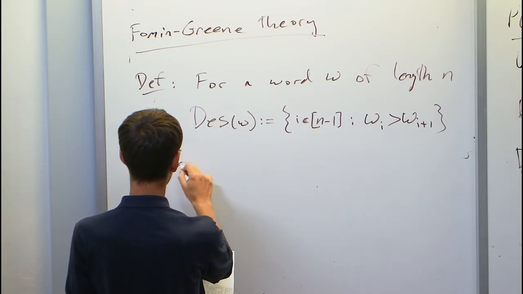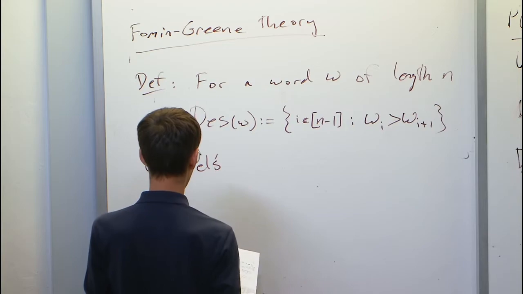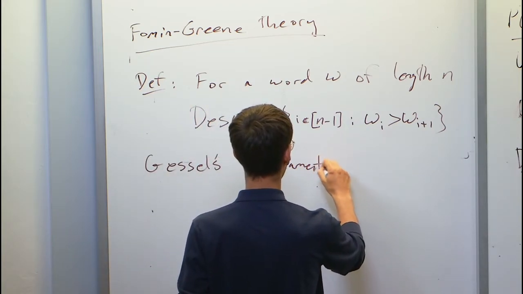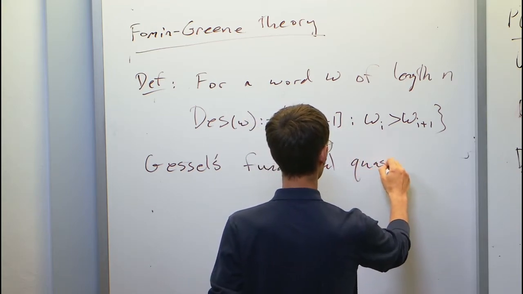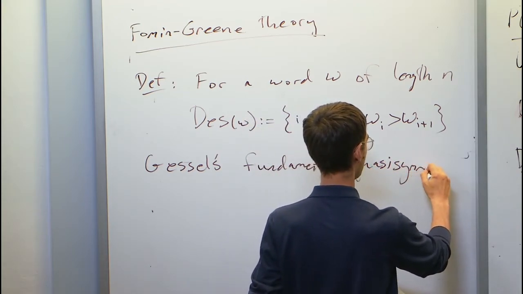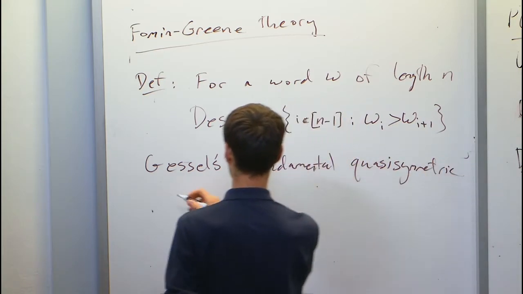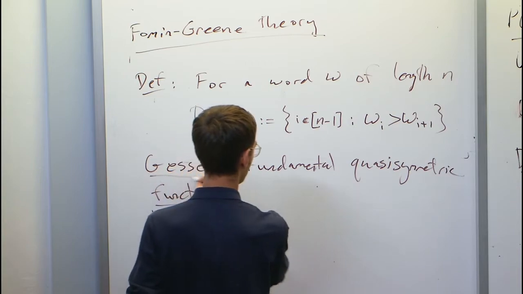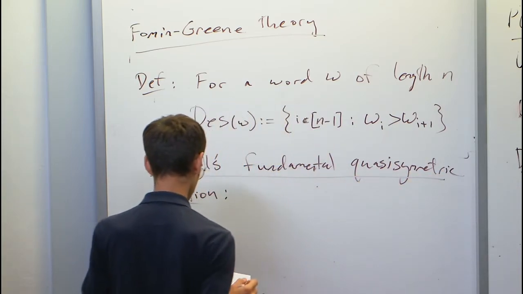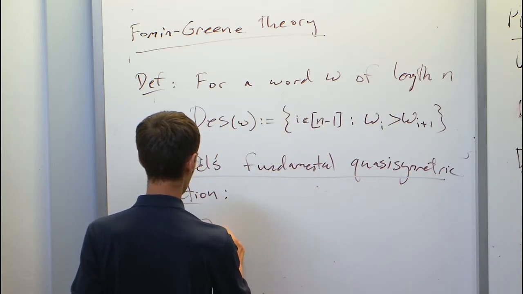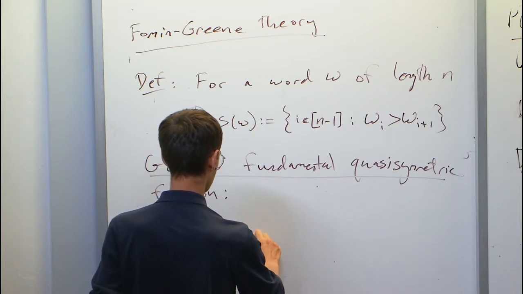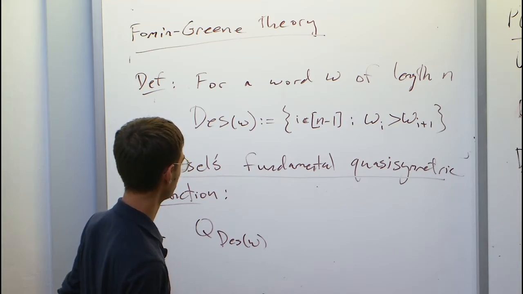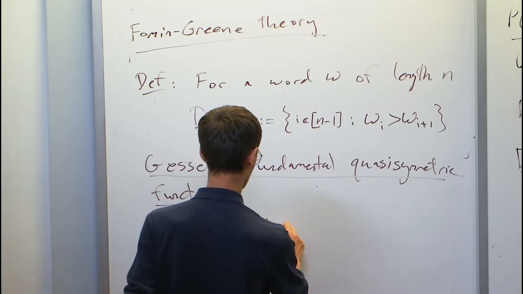All right. The other thing I need is what's called Gessel's fundamental quasi-symmetric function. This is denoted Q sub, let's say, so it depends on some descent set, but I'm going to write it like this.